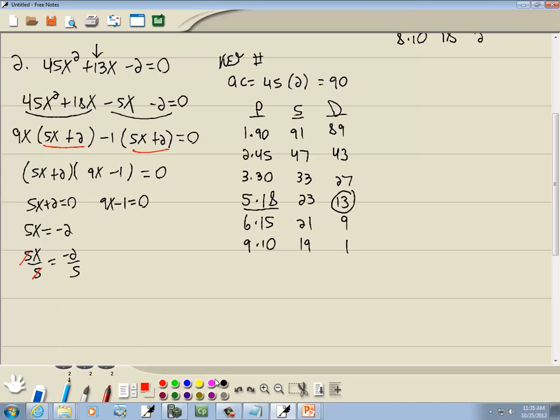And those 5's cancel. And we got x is equal to negative 2/5. Now in this one, take the negative 1 over, it becomes a positive 1. Divide both sides by 9. And we get x is equal to 1/9. And those are our two answers.